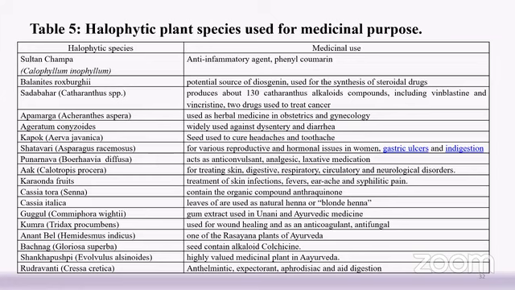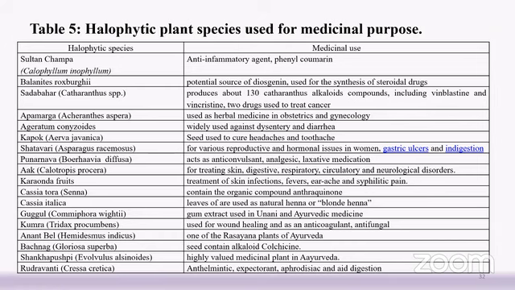Punarnava, acts as anticoagulant, analgesic and laxative medication. Arc, for treating skin, digestive, respiratory, circulatory, and neurological disorders. Karonda, for treating skin infection, fever, earache, and syphilitic pain. Cassia tora, which is called Senna, contains the organic compound emodin. Cassia italica, leaves are used as natural henna or blonde henna.